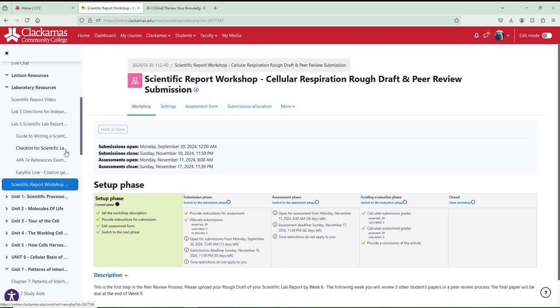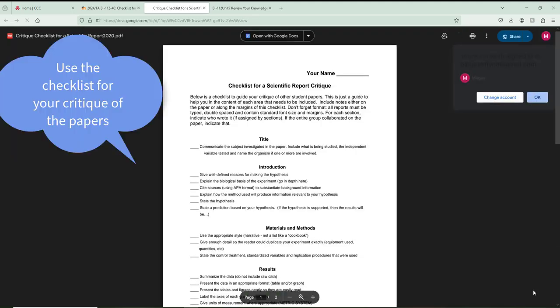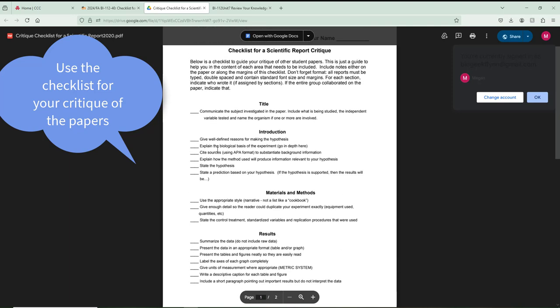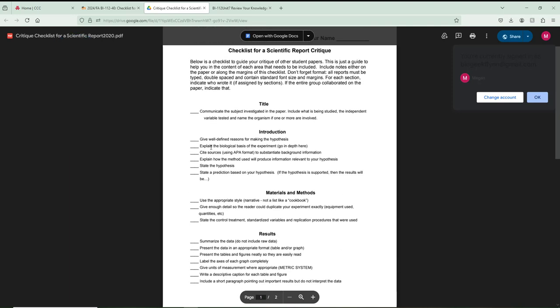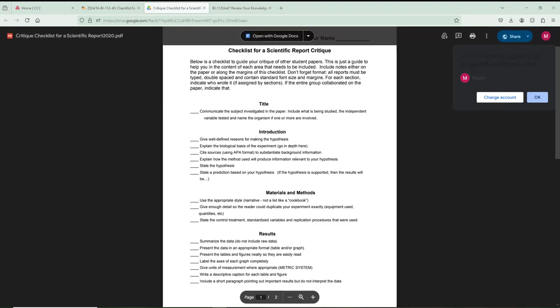When you are grading their report, okay, you're going to be using this checklist. This is the checklist that you're going to be using to make sure that they are doing a good job on their report. So as you go through their paper, you're checking off to make sure that they included these things in their paper.